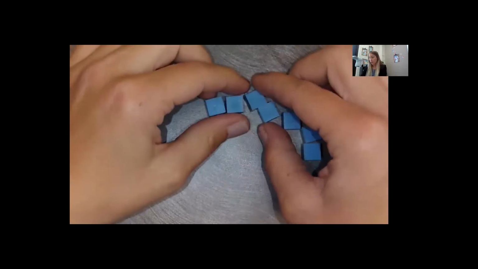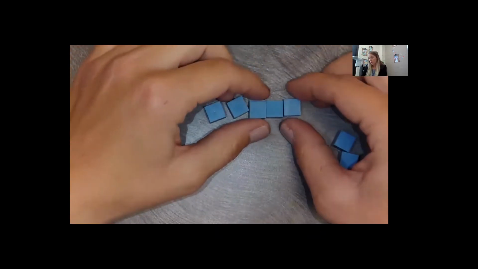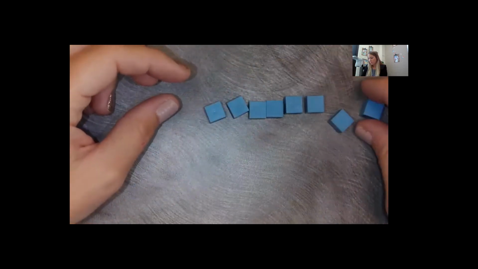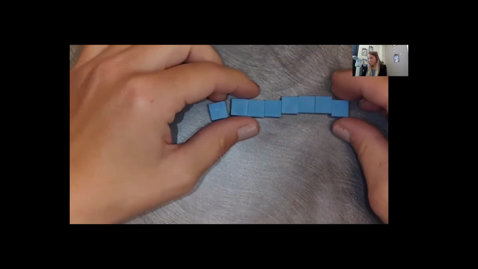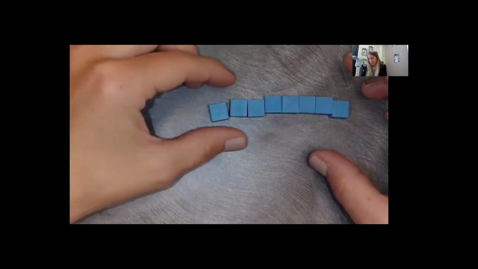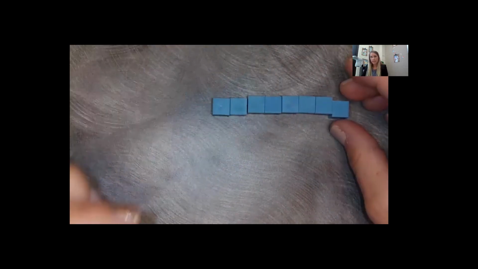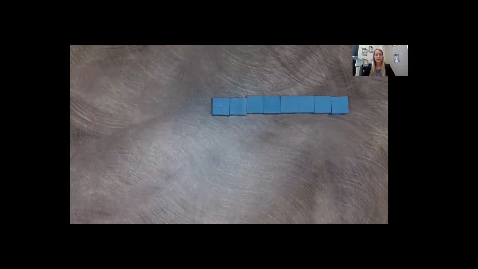You're right. I could arrange them in a row like so. And I would say that this prism is made up of how many? That's right. It's 8 units long, or it's made up of 8 cubic units.